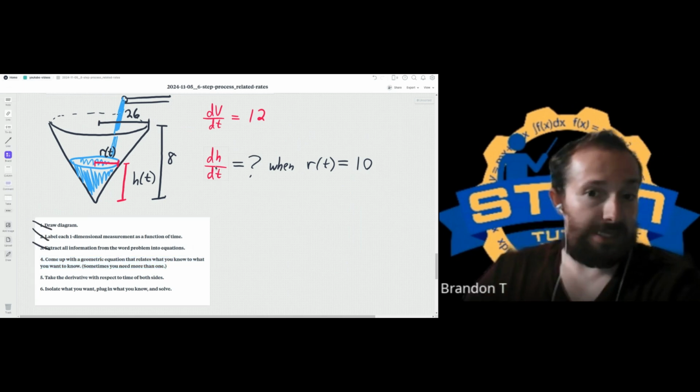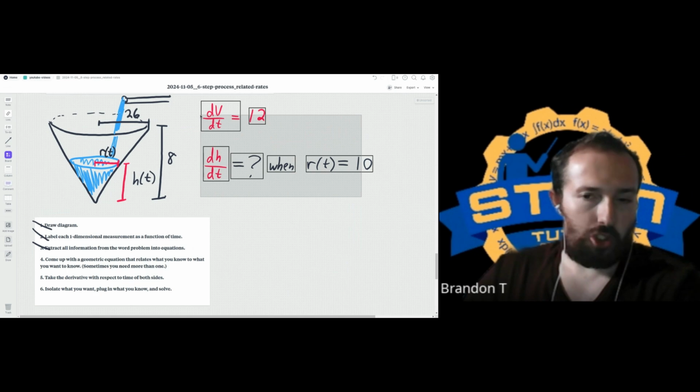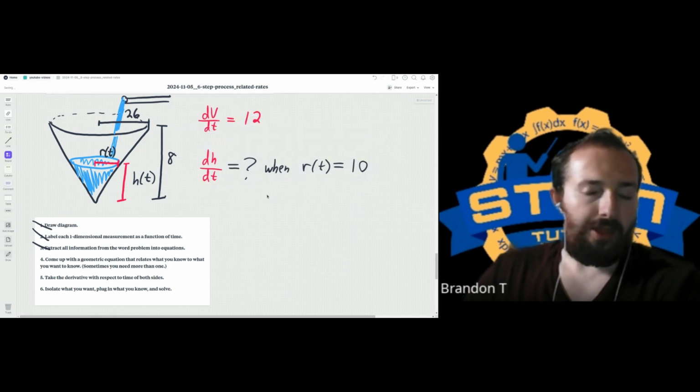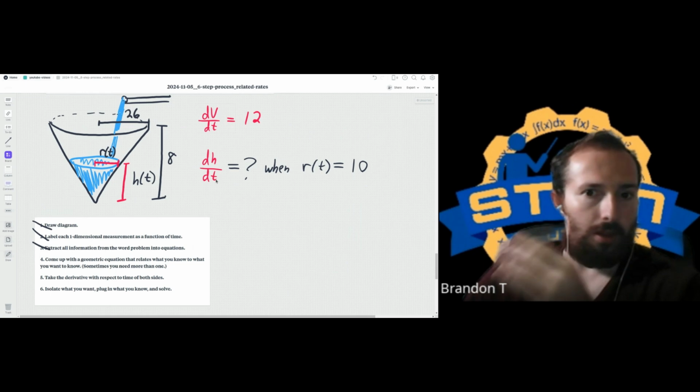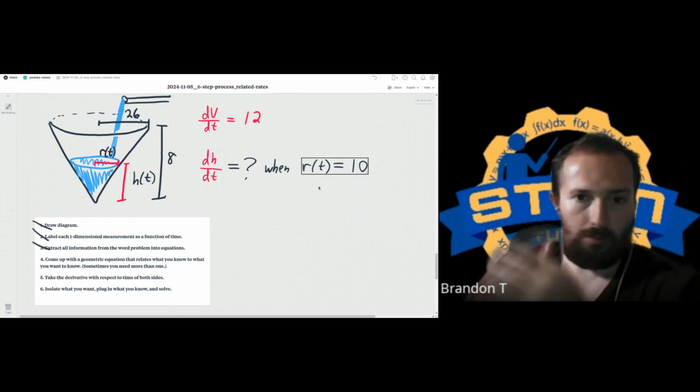So as you look at all the information you know and what you want to know, think about basically if you have a derivative, just find the regular version of it, not the derivative. So if we know dV/dt, the rate of change of volume with respect to time, we want to find the volume. dH/dt, we're trying to find the height or the depth. And then R, we want to find the radius.